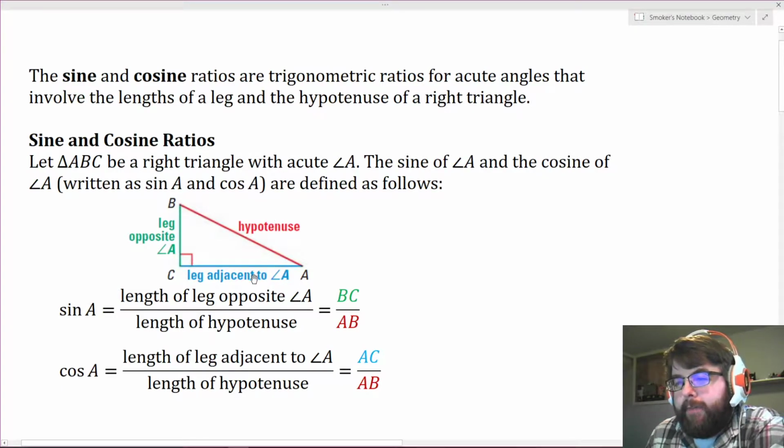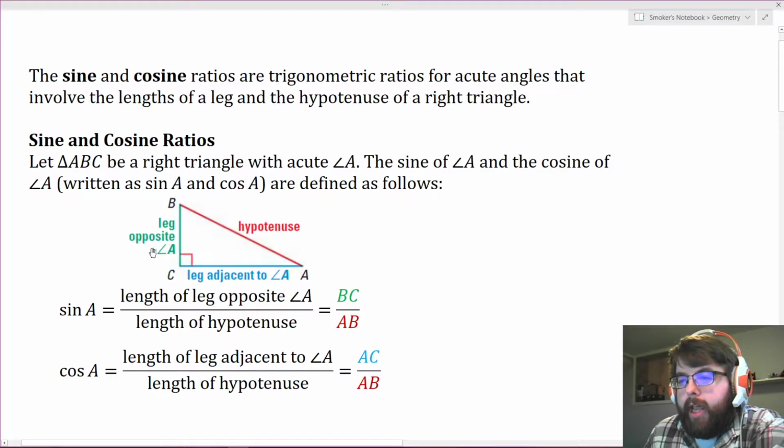Cosine will be a ratio of the adjacent leg and the hypotenuse. So sine is opposite over hypotenuse, cosine is adjacent over hypotenuse, and tangent, what we learned before, is opposite over adjacent.